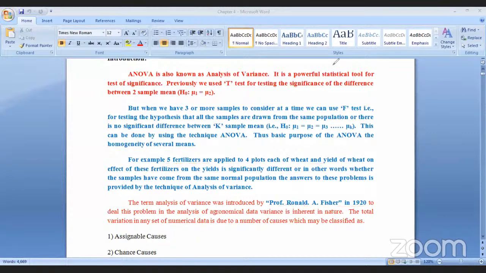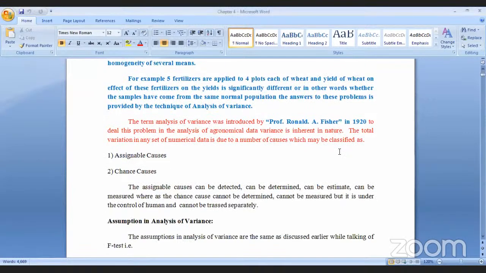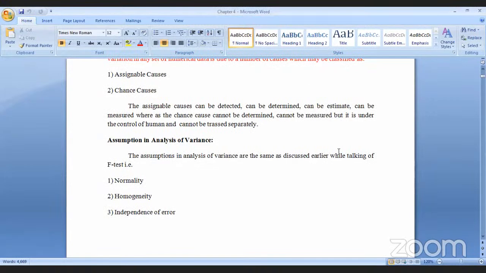So what is assignable causes? We will see. Assignable causes are the causes that can be detected, can be determined, can be estimated, can be measured. Whereas chance causes cannot be determined, cannot be measured, and cannot be traced separately. So these are the assumptions.